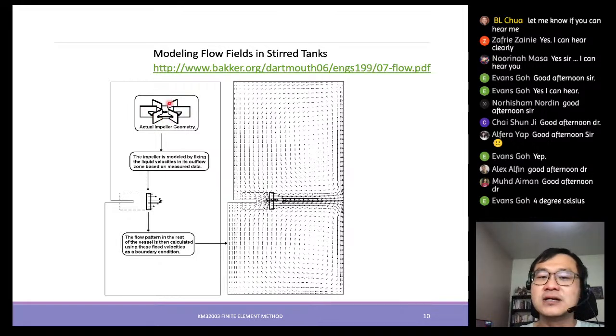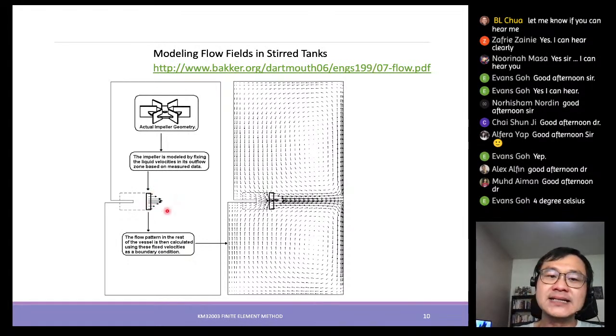So based on the liquid velocity that they have measured, they assign that the fluid going through this surface will have this particular fixed velocity, to represent that stirring.